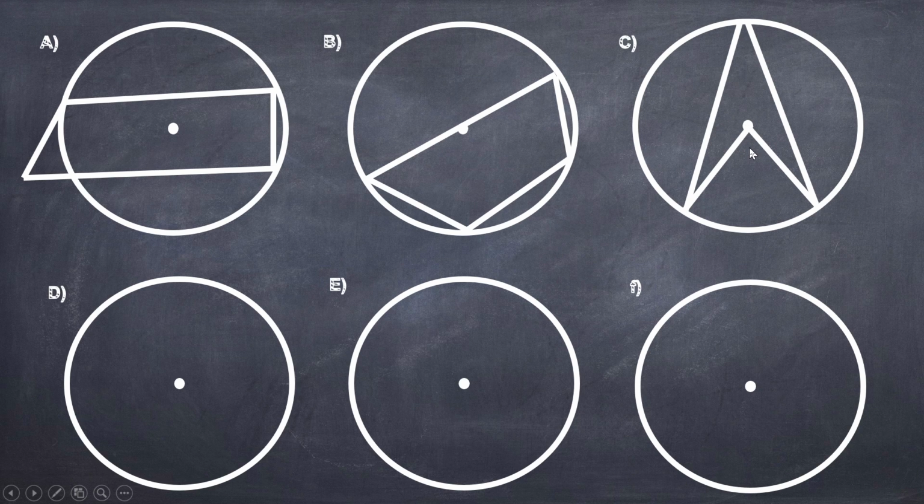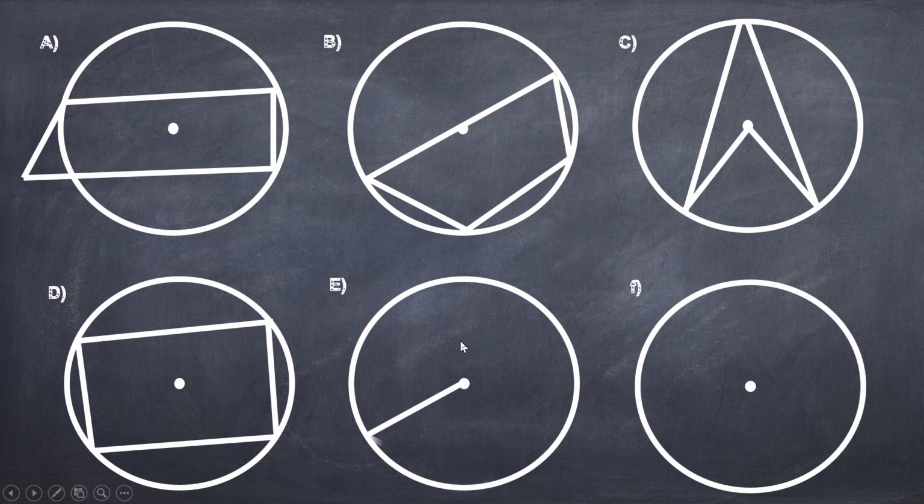So C is not a cyclic quadrilateral. How about D? So D is obvious. D is a cyclic quadrilateral because all 4 vertices lie on the circumference.